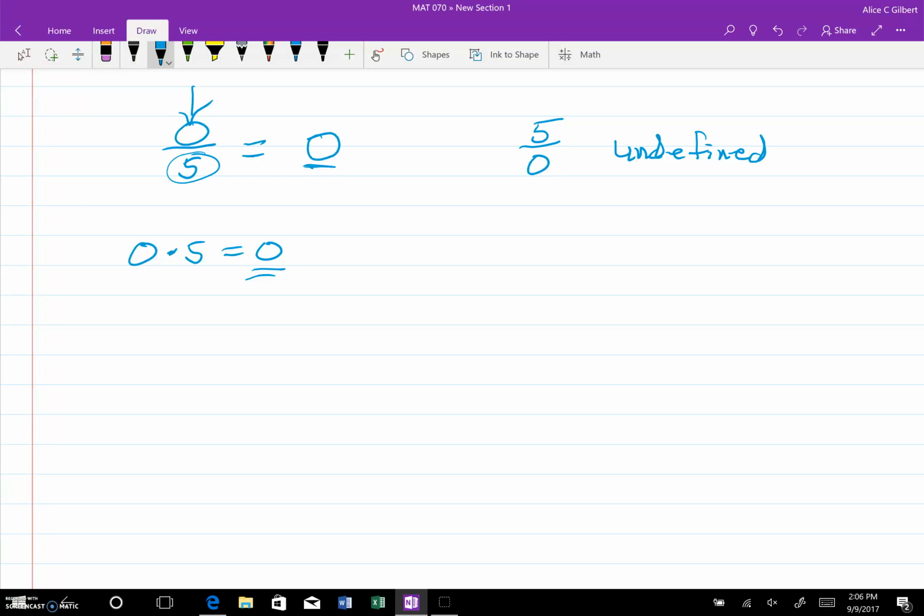But if I do this, whatever answer I have here, if I did, let's say it's 0 times 0, that does not equal 5. If I said it was 5 times 0, that does not equal 5. So whenever 0 is in the bottom, think of it as underneath. It's undefined. All right, there you go.